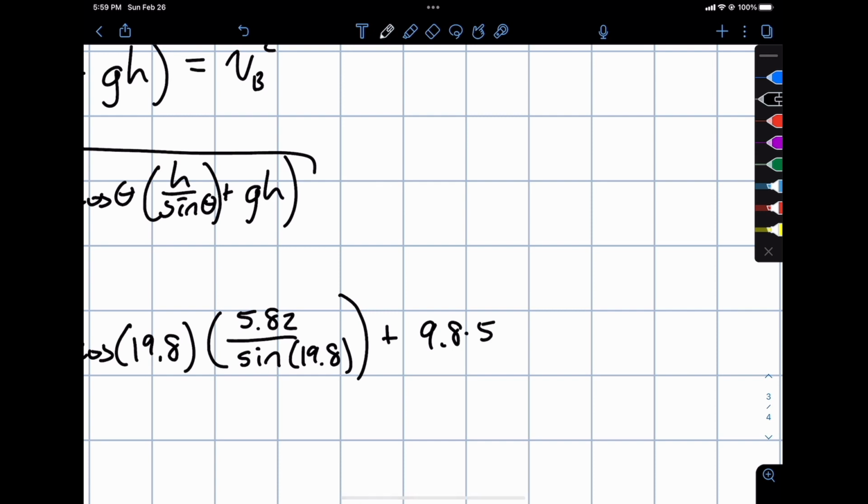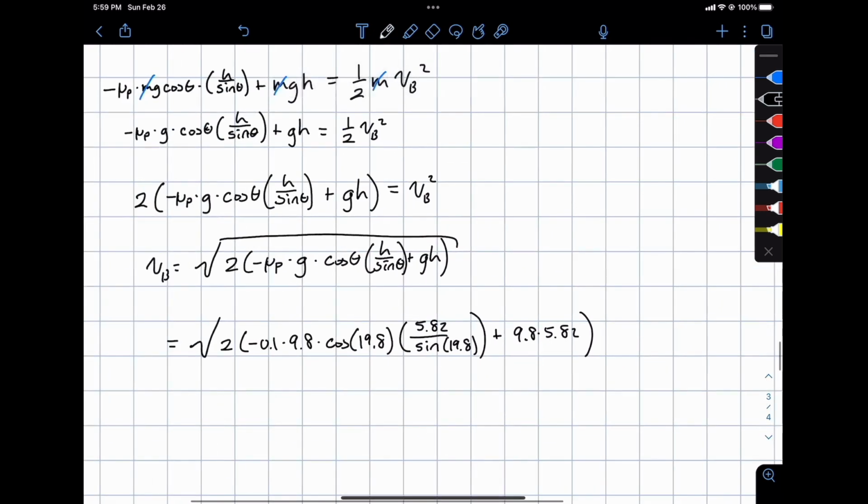Height is 5.82. Right. This whole thing square rooted is our VB.